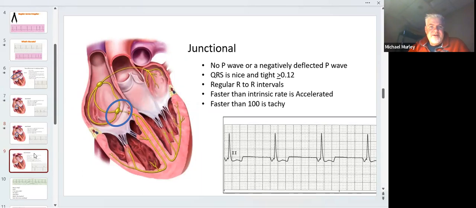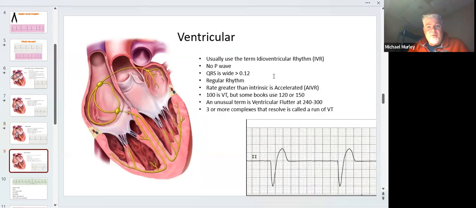Yeah, we did this. For ventricular rhythms, or as we call it, idioventricular, there's going to be no P waves, and the QRS is wider than 0.12. They are generally, same with junctional rhythms, very regular rhythms. Until you get into VFib or polymorphic VTAC, they're pretty regular rhythms.